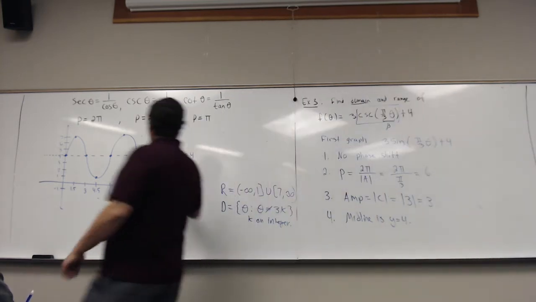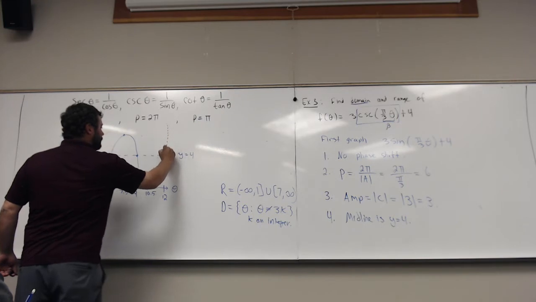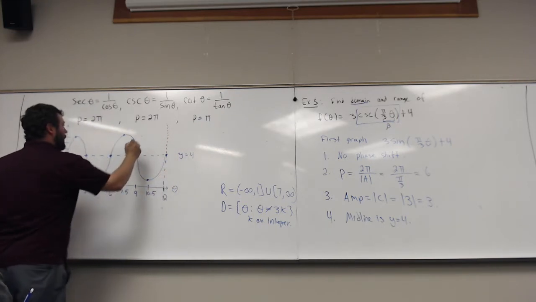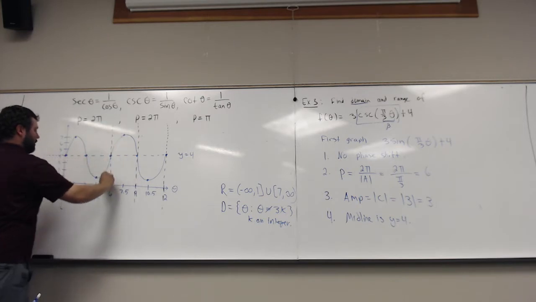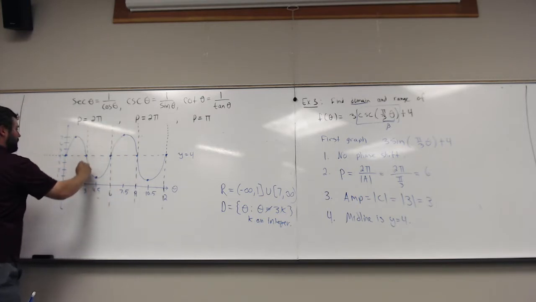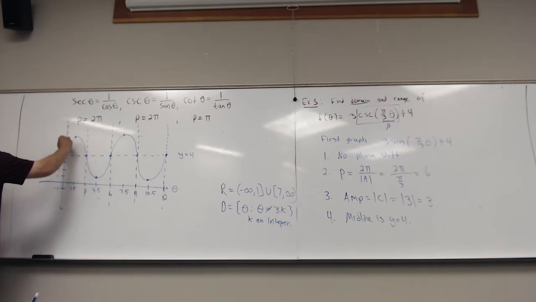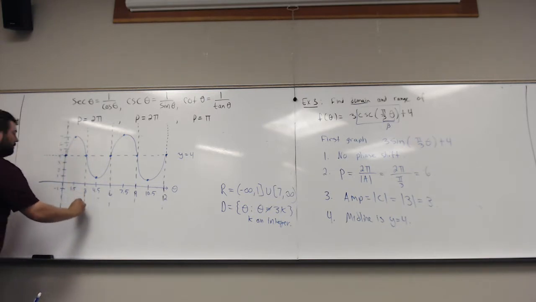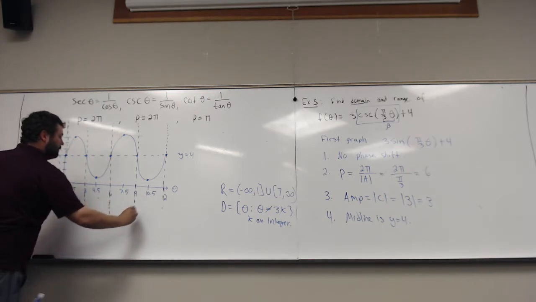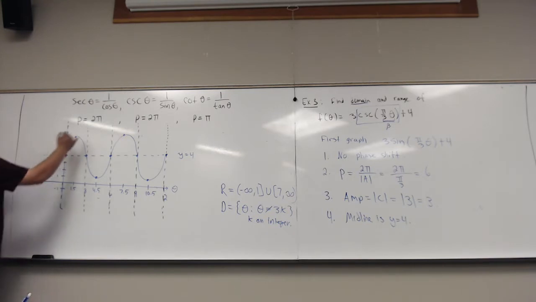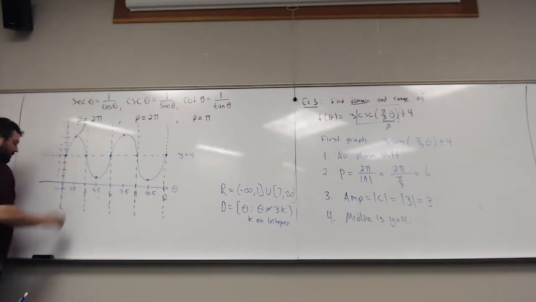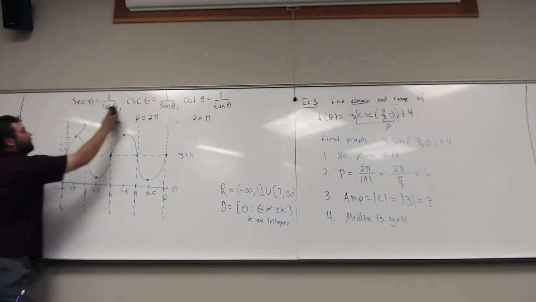So here's all your vertical asymptotes. At 12, at 9, at 6, at 3, and at 0. And then cosecant, at all your maximum values, you're going to curl upward. Let me get rid of these periods here.